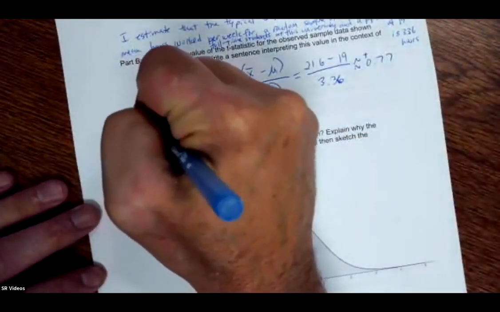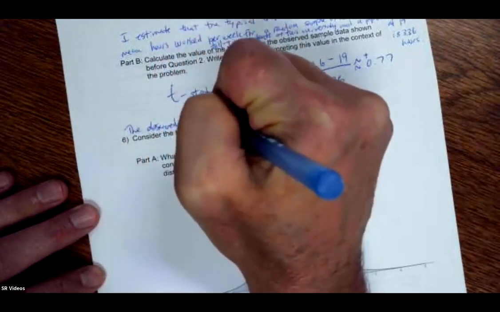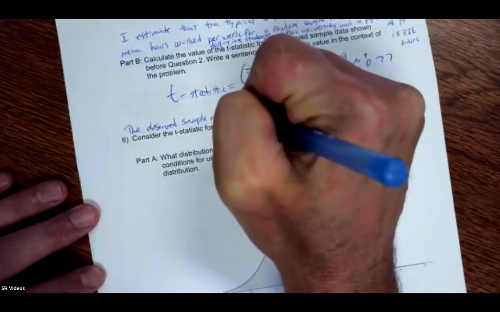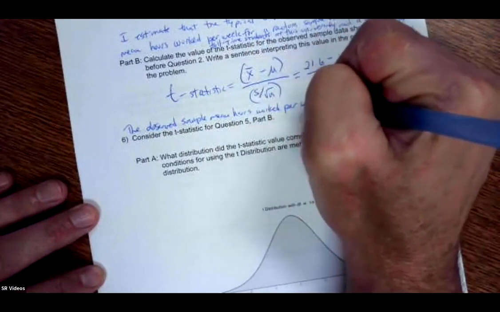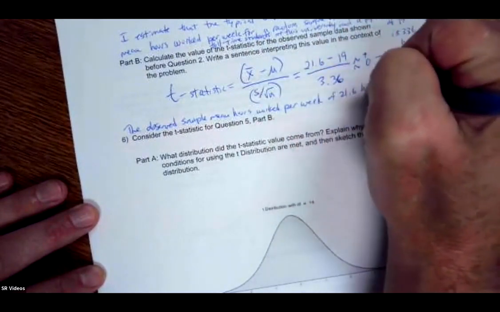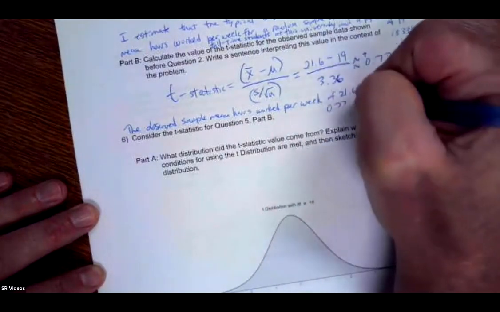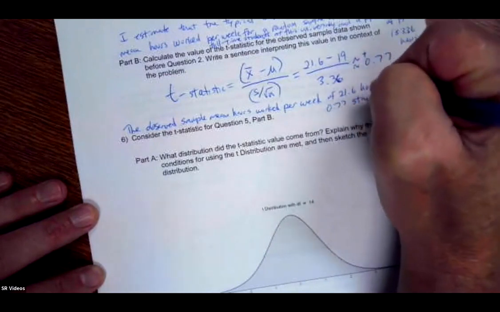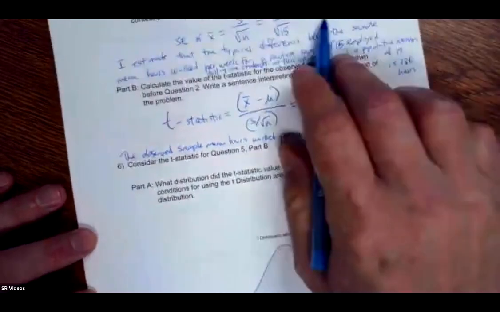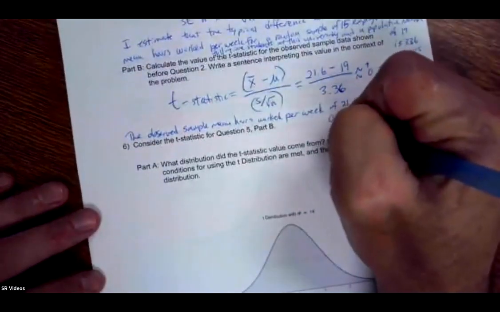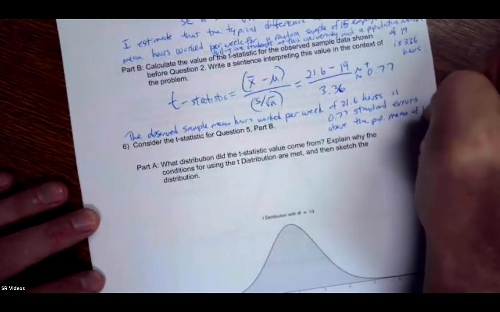The observed sample mean hours worked per week of 21.6 hours is 0.77 standard errors above the population mean. Remember a standard error is 3.36 hours above the population mean of 19.